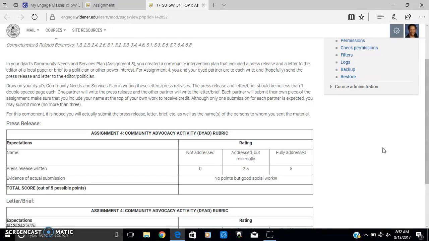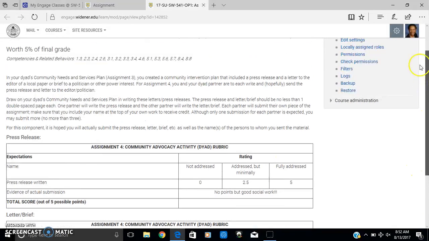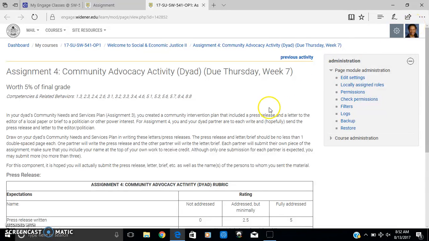If you're looking at a national problem, you might be sending your actual release to the White House or to a member of Congress. So think about actually posting what you have written. And there are lots of examples you can refer to for how to write a really good press release or letter to the editor. So that is the work for this week.